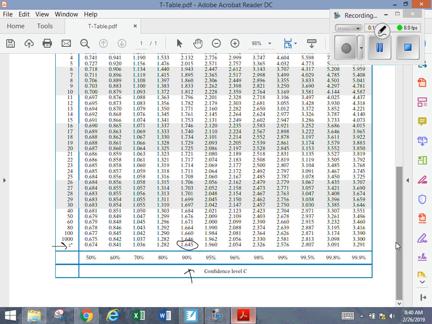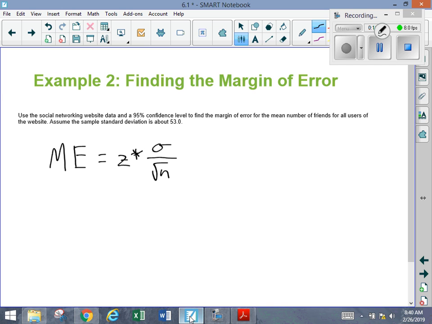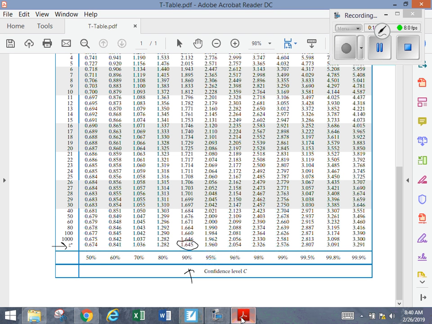That very bottom row is where we're going to find all of these critical values. For instance, in our case here, we have a 95% confidence interval, so at 95, the Z star value is 1.96. So that's how we'll find it.